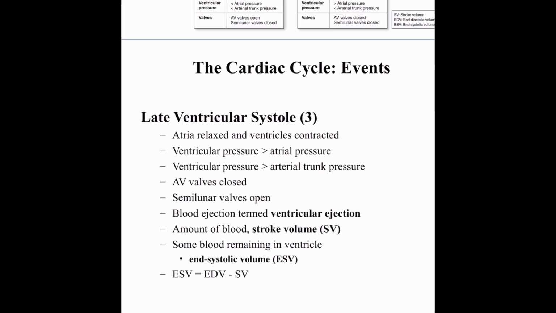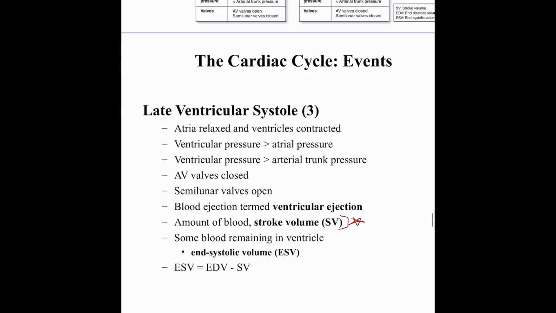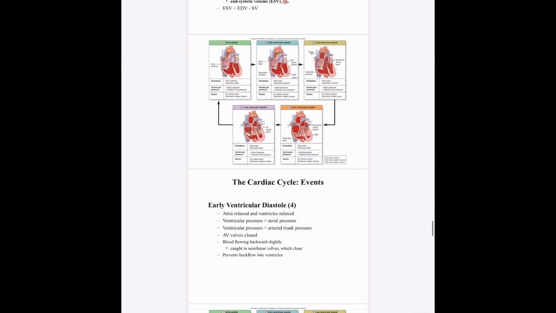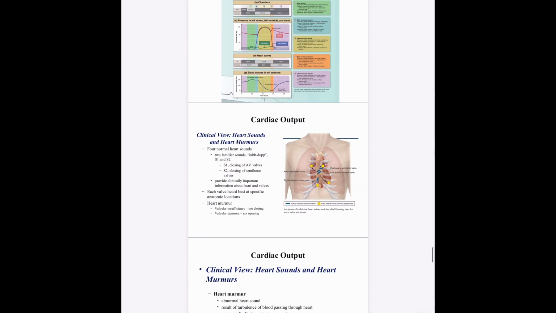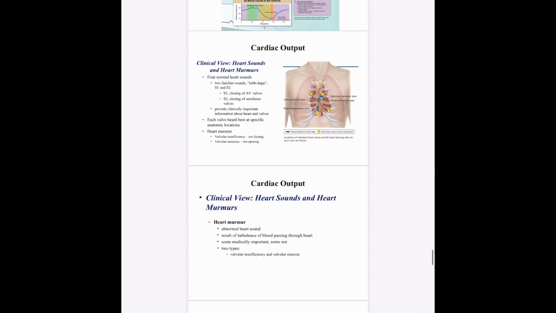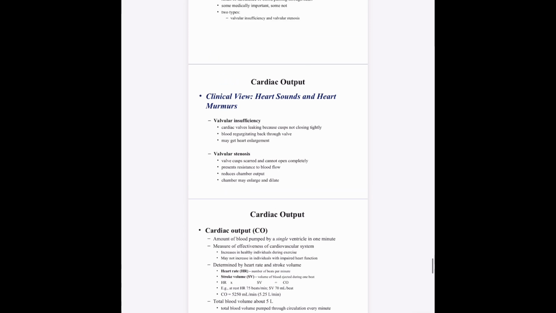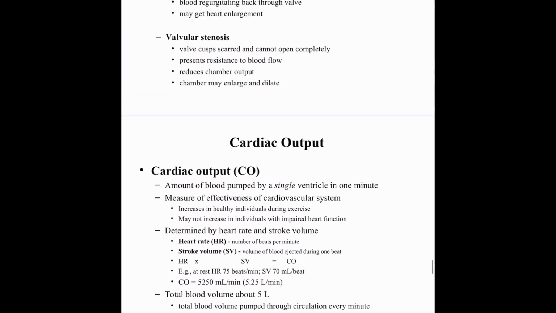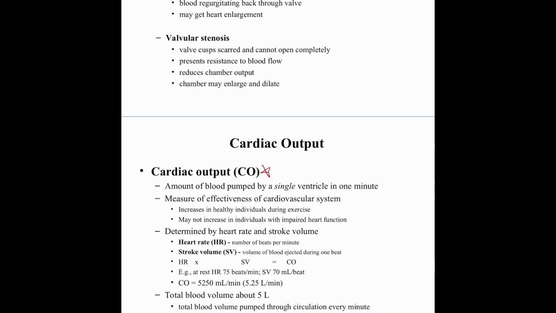So learn this chart, learn what is open and what is closed, again depending on what your lecture professor told you. Know the pressures and which one is vice versa. Which valves are open or closed. And then we will get into some other things as well.